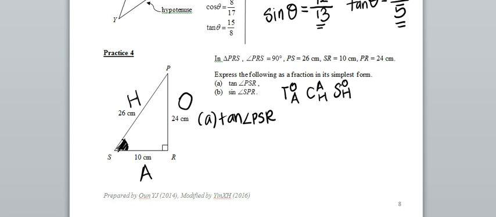So tangent in this case will be taking the opposite over the adjacent. So tangent of angle PSR will be equal to the opposite, which is 24, over the adjacent SR, which is 10. But we want the answer in the simplest form, therefore this answer is simplified to 12 over 5.